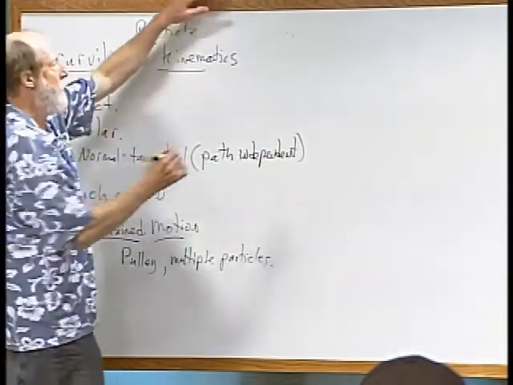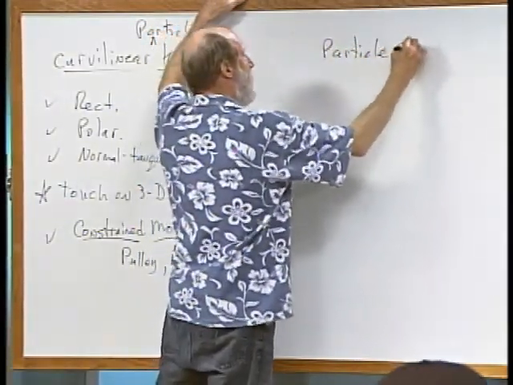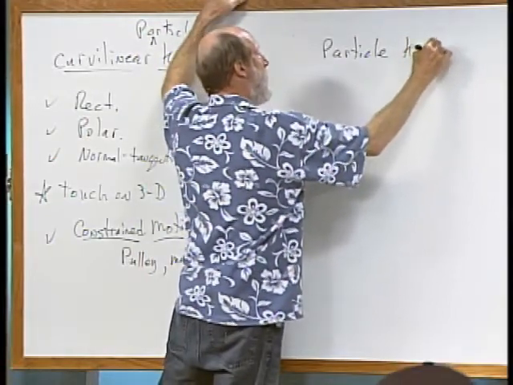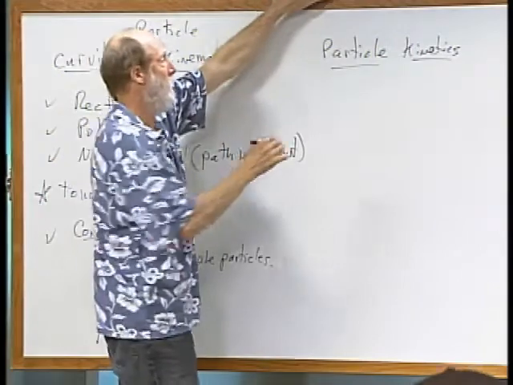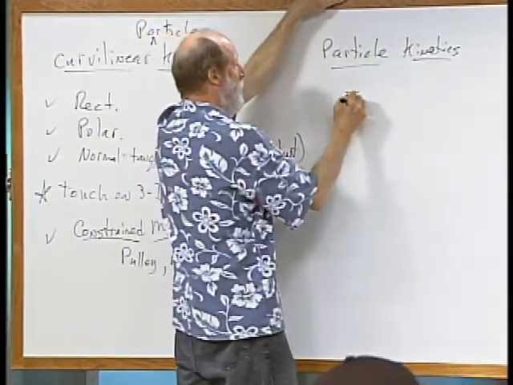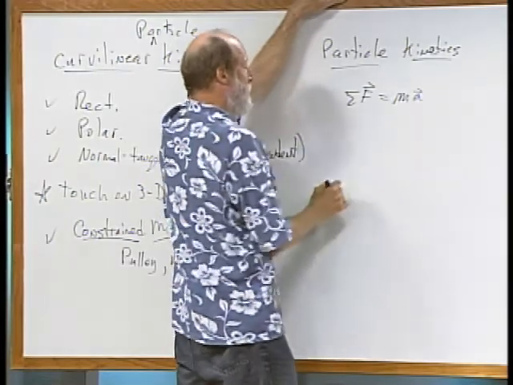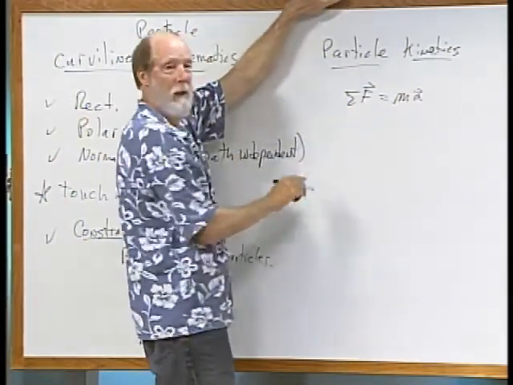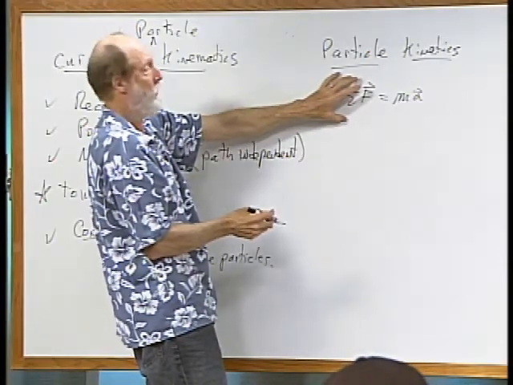Then we started moving into particle kinetics. And most recently on your midterm, we had some stuff here with F equals ma. And then we did quite a bit of stuff in curvilinear motion there.